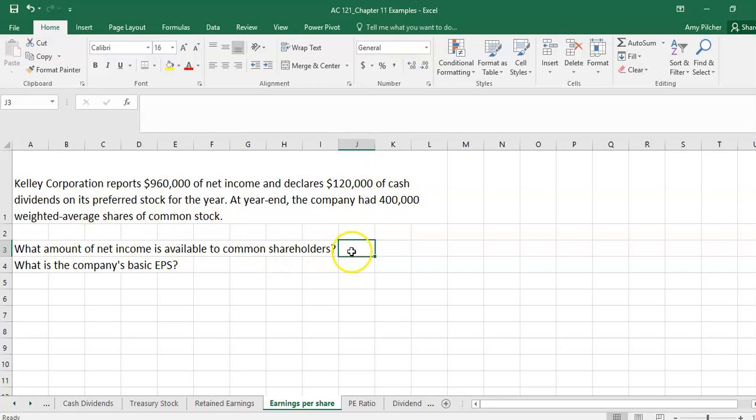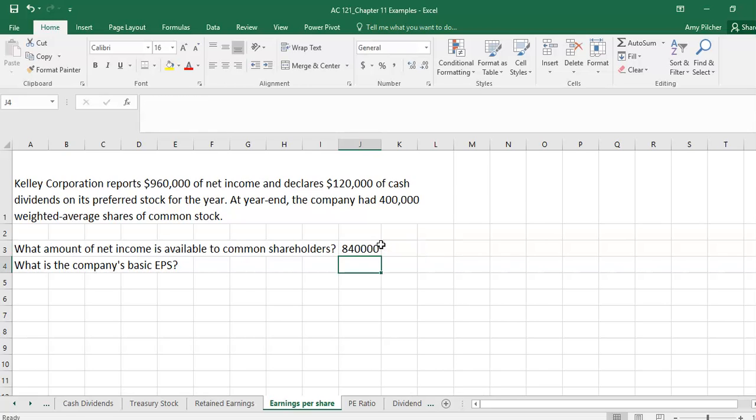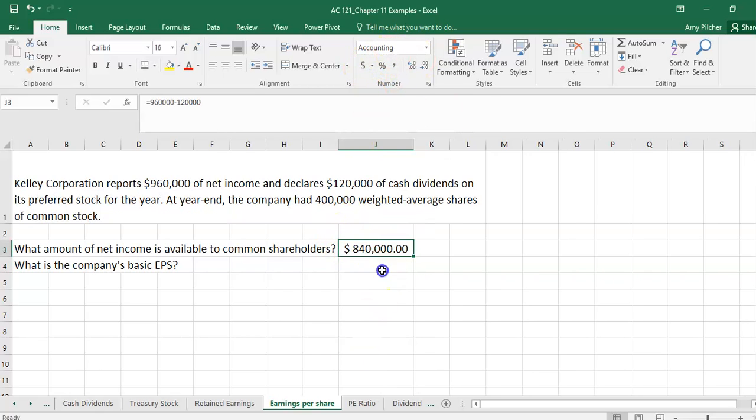So the net income available to common shareholders is $960,000 minus the $120,000 that is going to preferred stock. So the company's basic earnings per share is the net income available to common shareholders divided by our 400,000 weighted average shares, or $2.10.